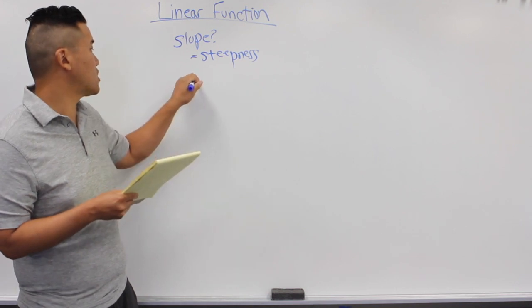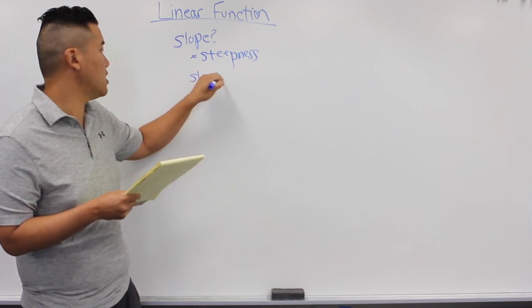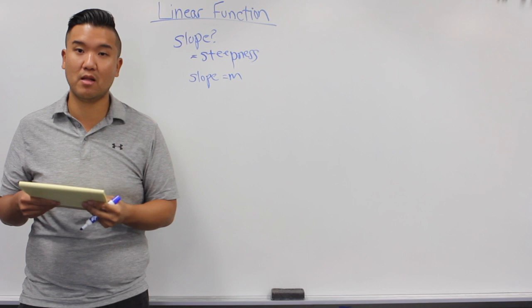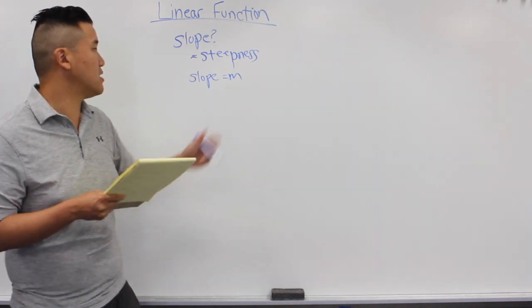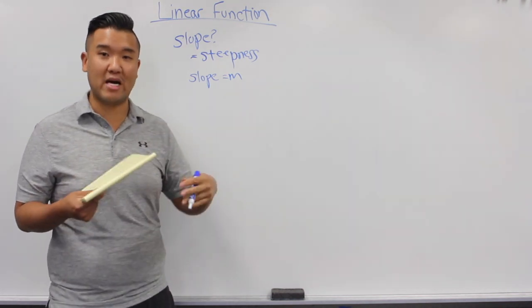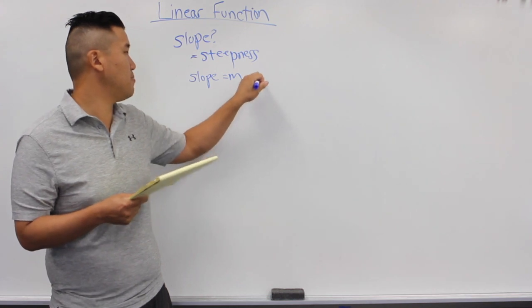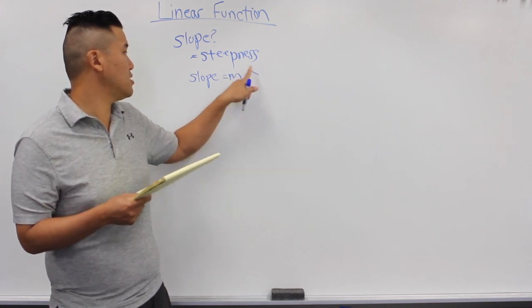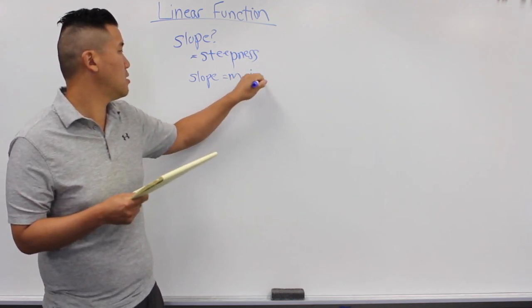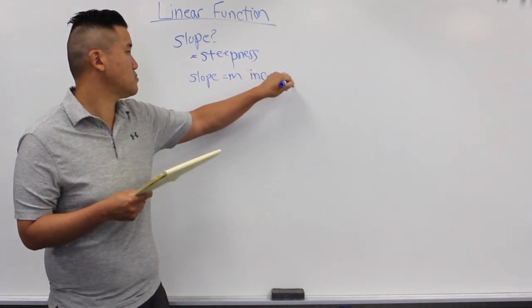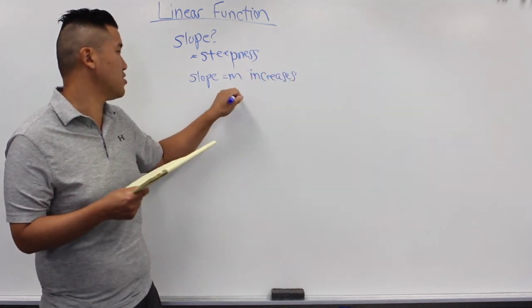If the slope, which we're going to refer to as m a lot, gets greater, our slope actually increases. So as m increases, our steepness increases.